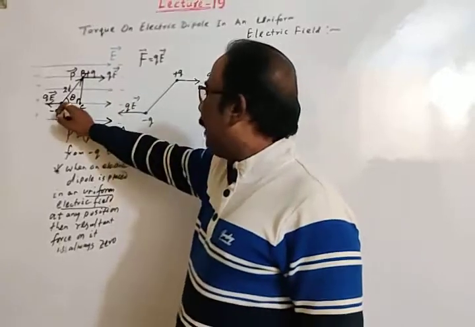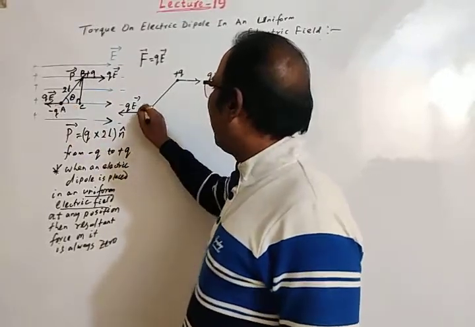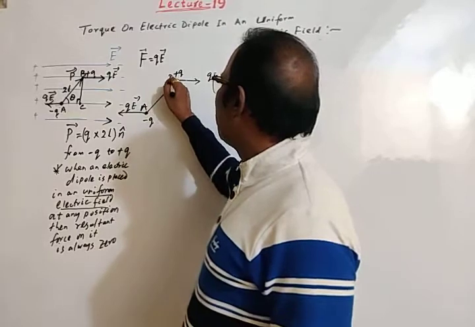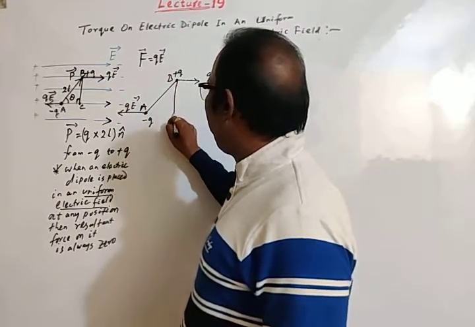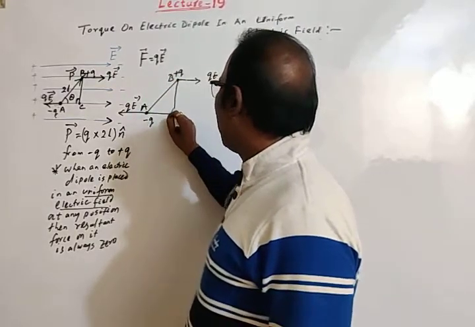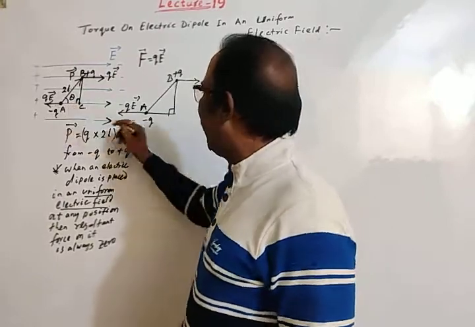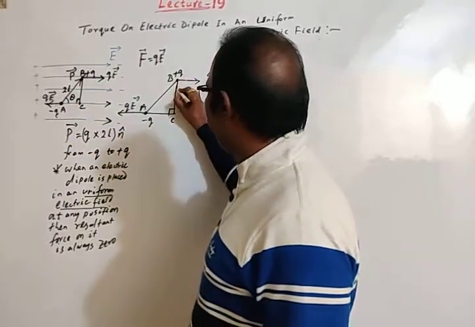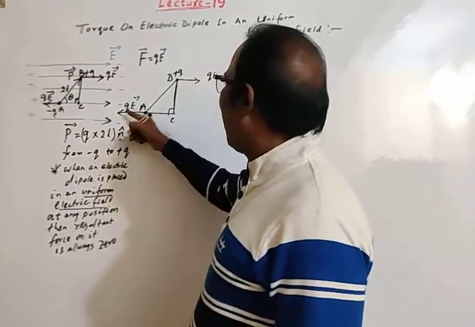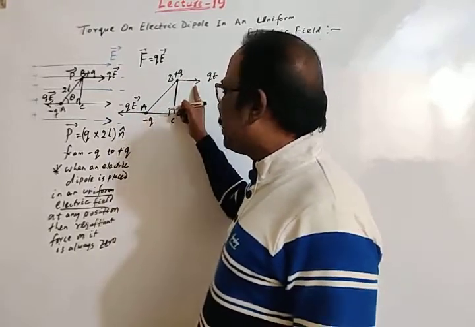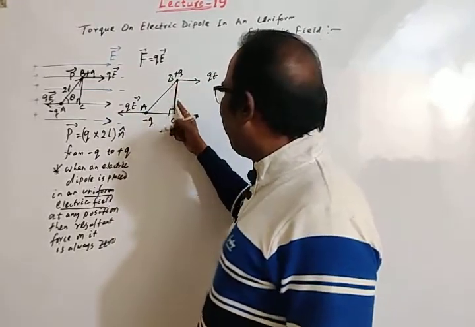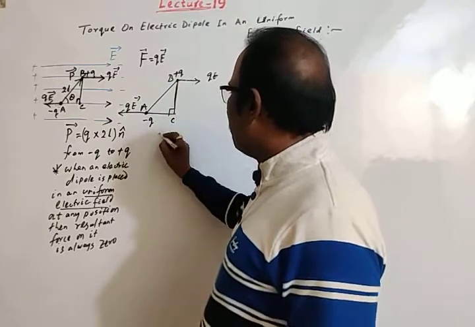Okay. Then about this diagram, this point is A, this point is B. We have drawn a perpendicular. This angle is 90 degrees. This is the diagram. This point is C. Okay. Then here, these are two equal and opposite forces separated by a perpendicular distance.